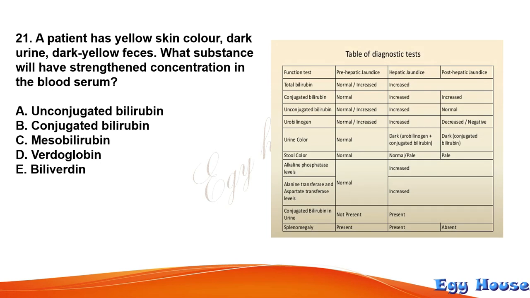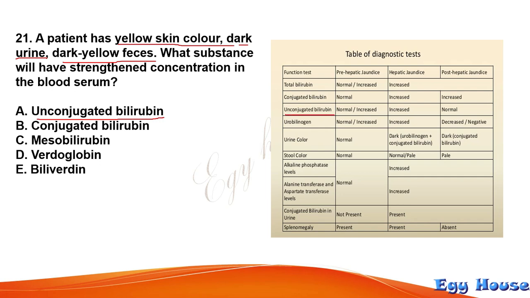Here, the patient has yellow skin color, dark urine, and dark yellow feces, and the substance that is present in the blood serum at a big level is unconjugated bilirubin, as you can see here.